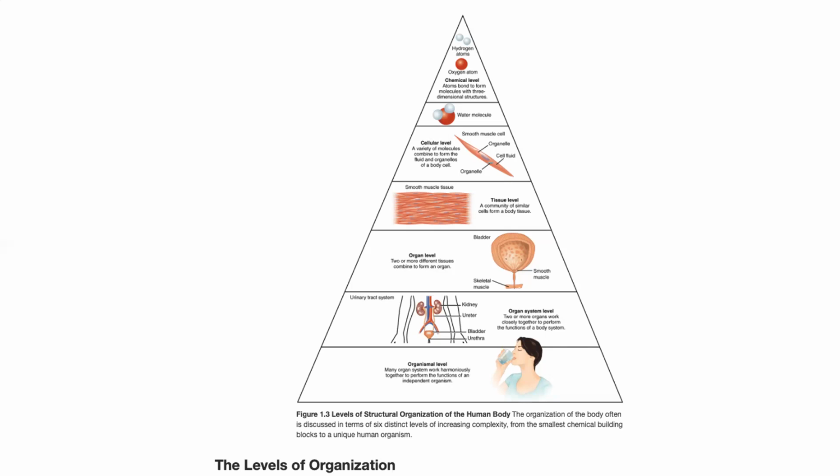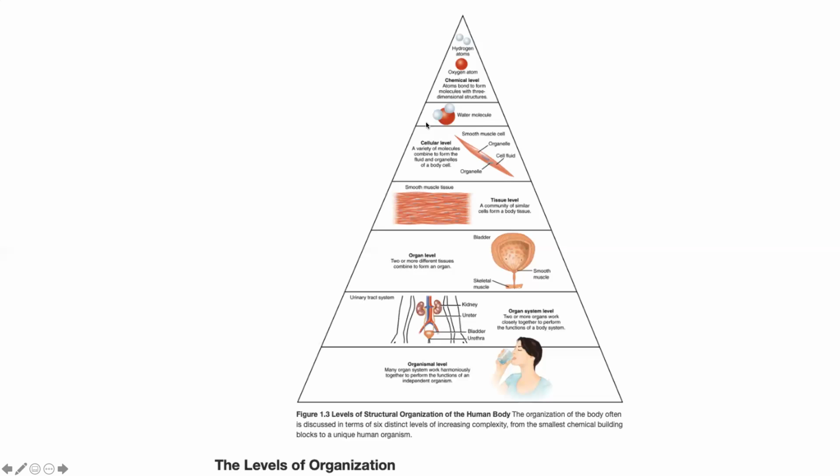So this diagram represents the levels of organization. Human beings, of course, are all made of cells. The basic building blocks of the human body are, of course, carbon, hydrogen, nitrogen, oxygen, and many other things.